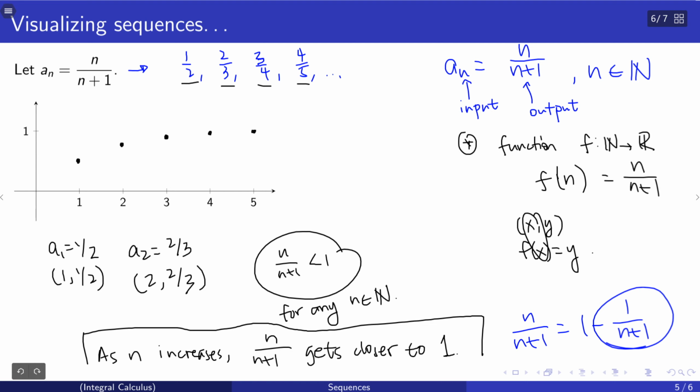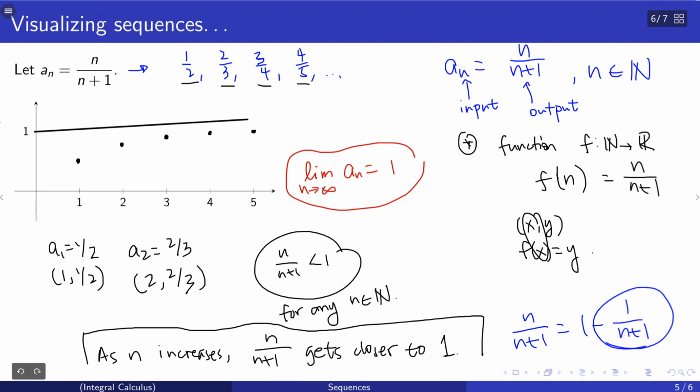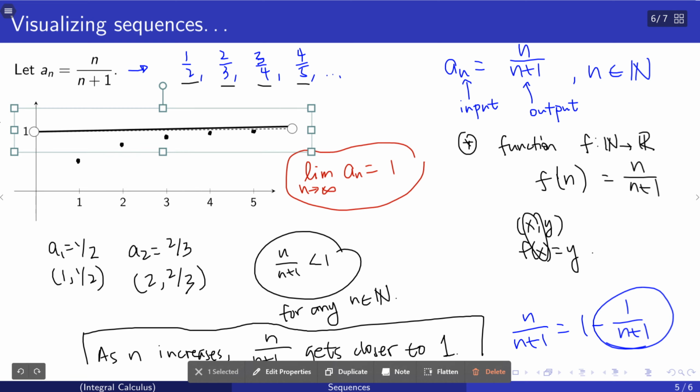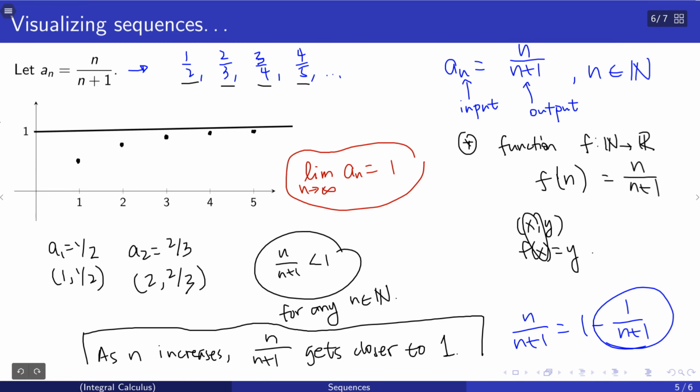So I would write limit as n goes to infinity of a sub n is equal to 1, because your points get closer and closer to 1 without actually touching 1.